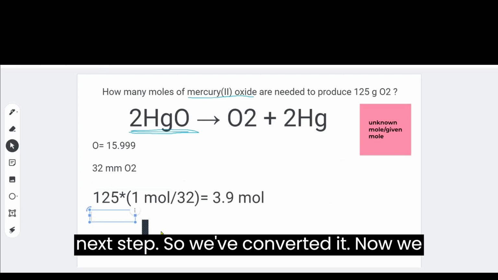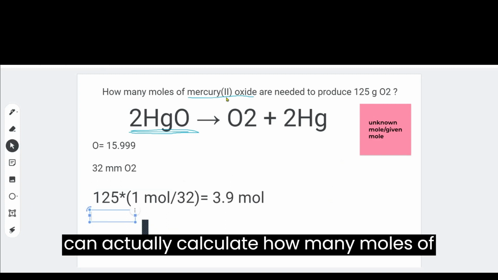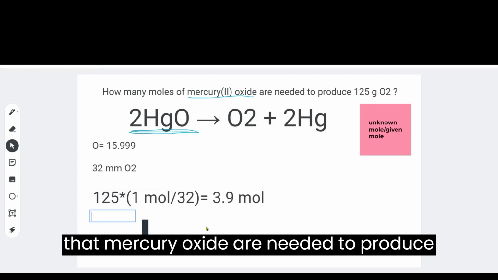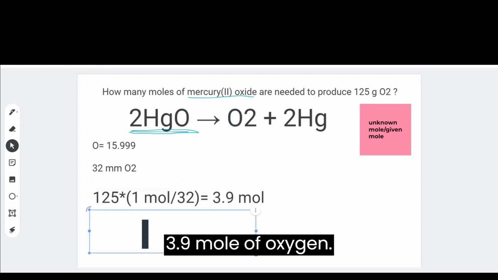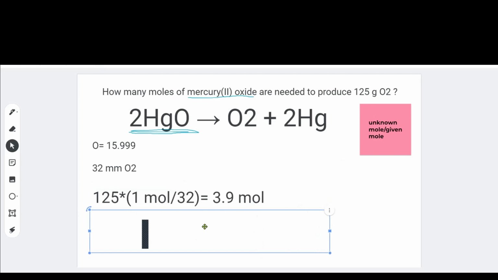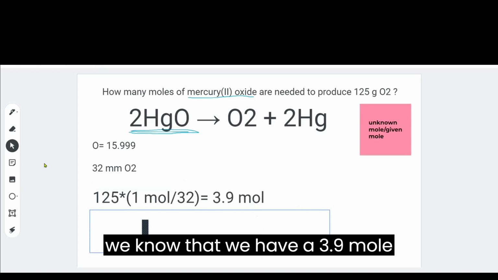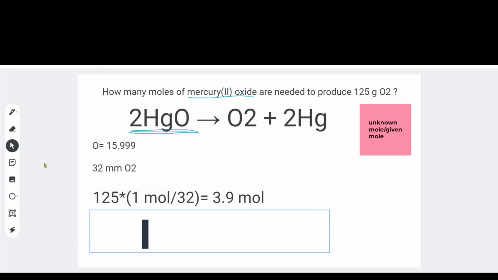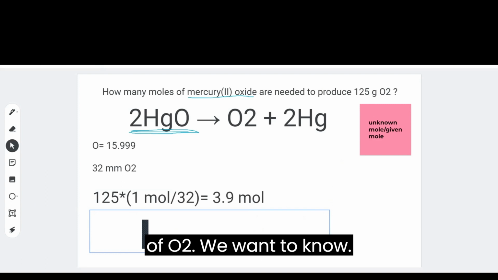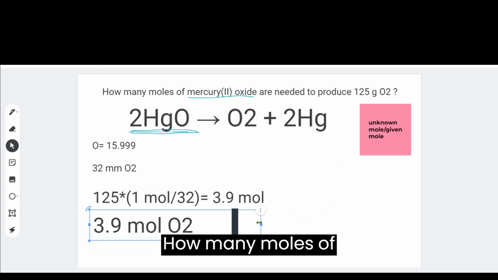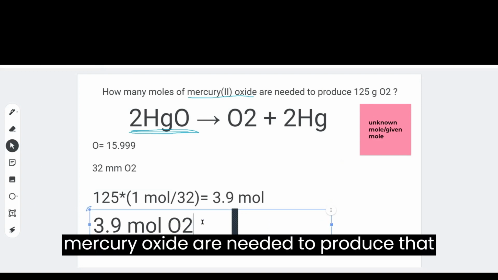So we've converted it. Now we can actually calculate how many moles of that mercury oxide are needed to produce 3.9 mole of oxygen. So to start out, we know that we have 3.9 mole of O2. We want to know how many moles of mercury oxide are needed to produce that amount.